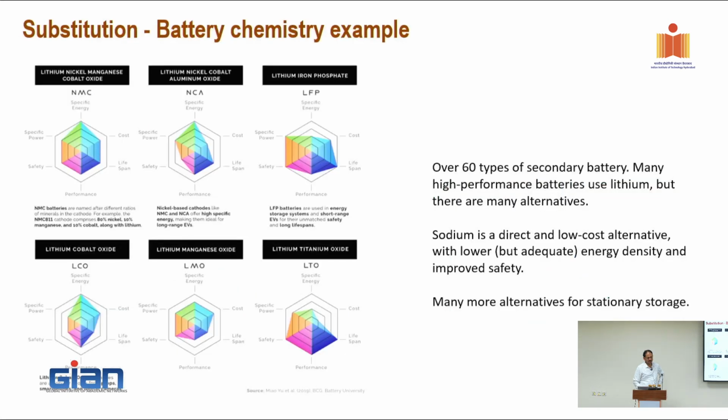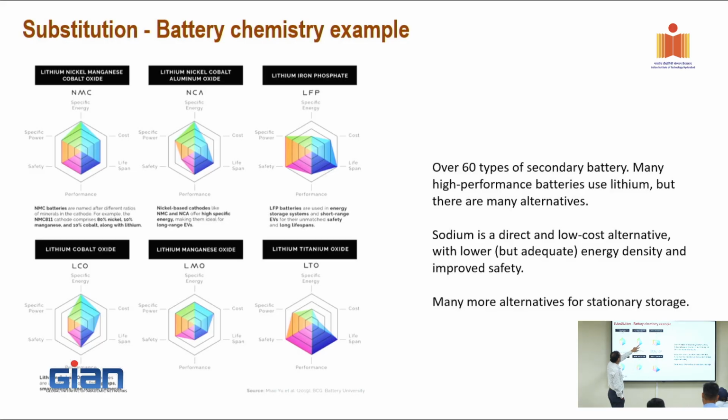Then substitution, the battery chemistry example. We were talking about different battery chemistries, right? LCO, lithium cobalt oxide, lithium manganese oxide, lithium titanium oxide. Then you have LFP, lithium iron phosphate. India is going heavily with this one because it does not require nickel or cobalt.